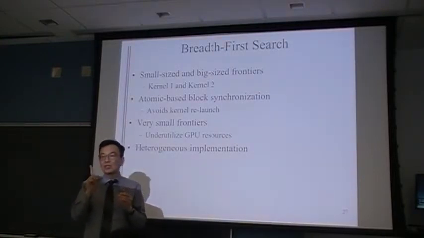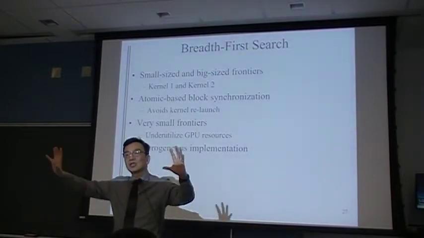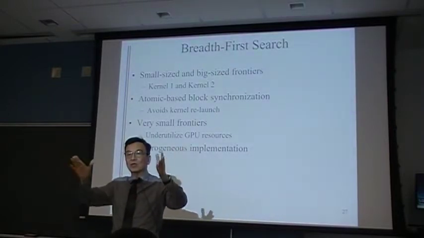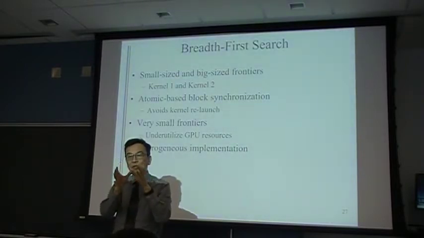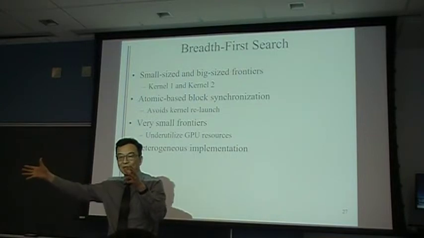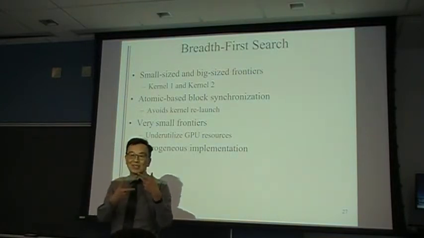However, there's no reason why, when you use a persistent kernel, you cannot use specialized code in the persistent kernel and only activate one of the thread blocks when you have a very small frontier.